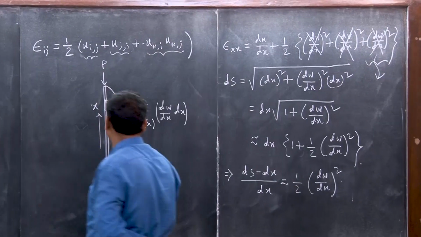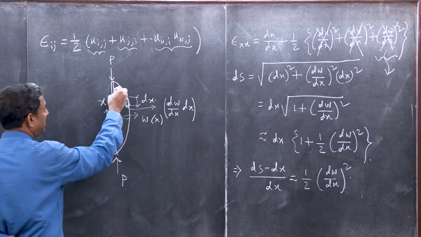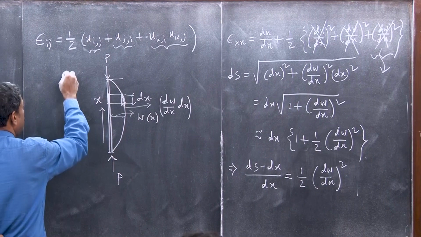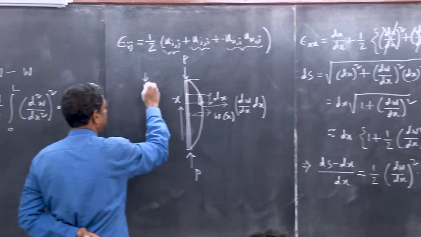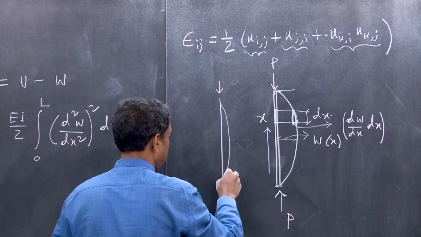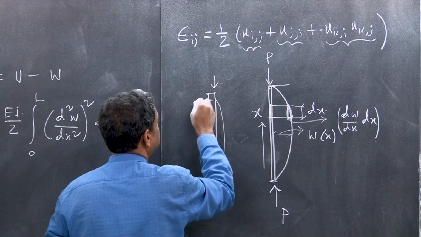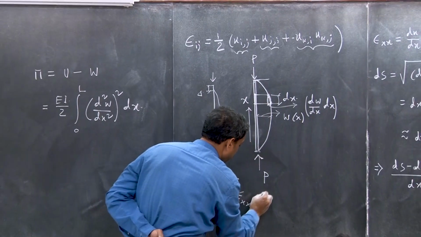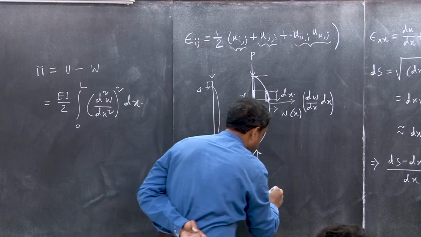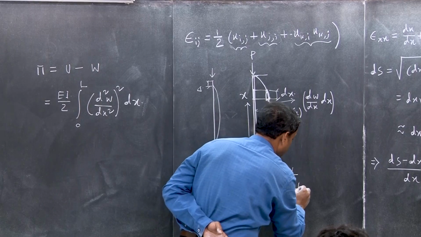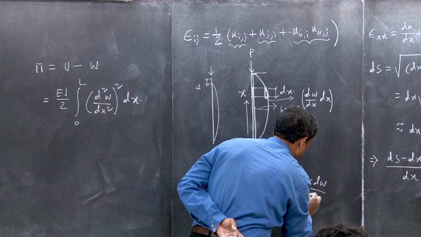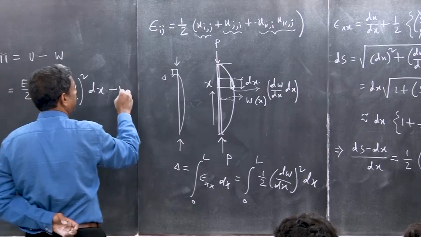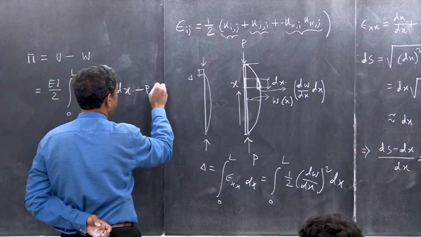Now, under this loading, this fellow will come and this fellow is deforming. So there is some deflection, and this deflection delta is nothing but the integration of the axial strain epsilon xx into dx, integration 0 to L, where epsilon is nothing but half (dw/dx) squared dx. So, work done is P into delta, with a minus sign.